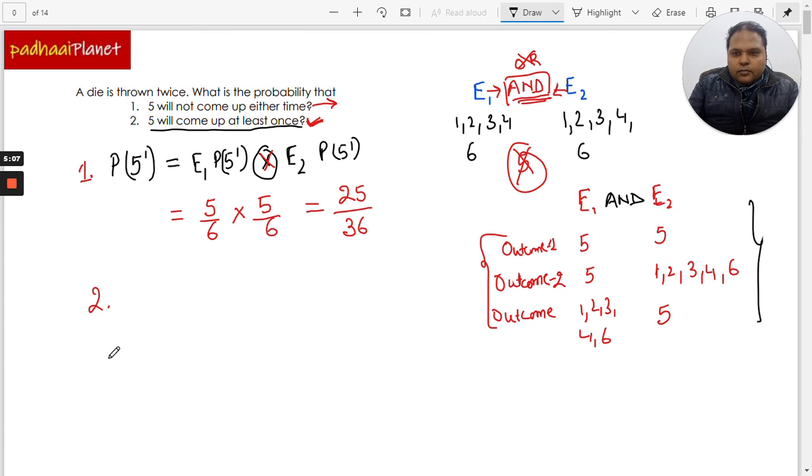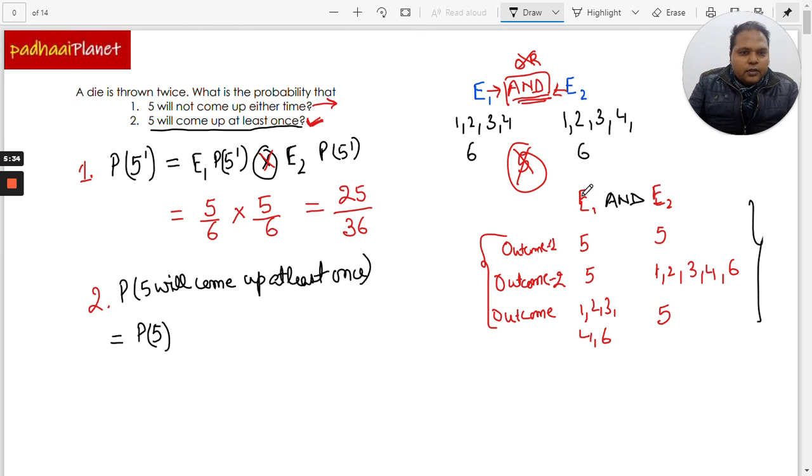So the probability that 5 will come up at least once is equal to the probability of 5 in event 1, right, multiplied with the probability of 5 in event 2, right?